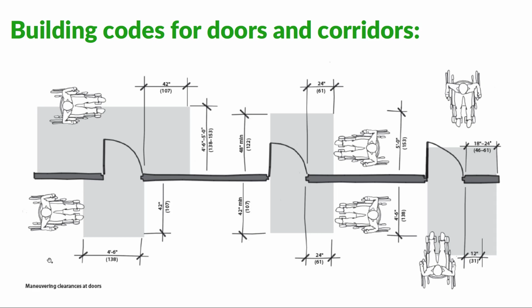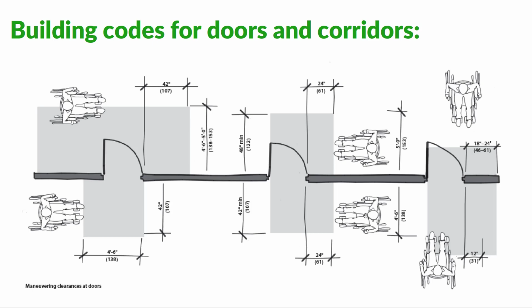And then in each case, we just think about the approach a little bit. In this situation, the individual is coming up on the push side, on the hinge side of the door, so that the door handle is over here. They're pushing it away from themselves. So they need a 4'6" by 42-inch minimum clear space to be able to do this maneuver.